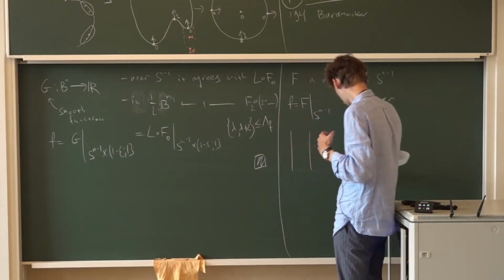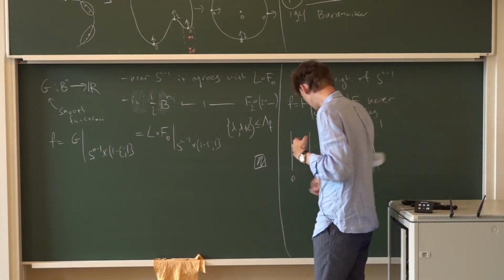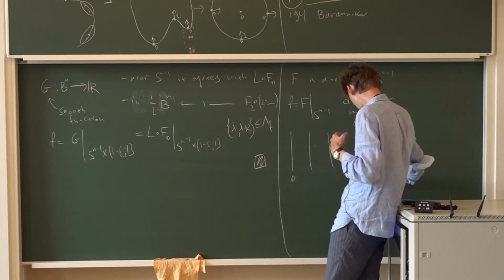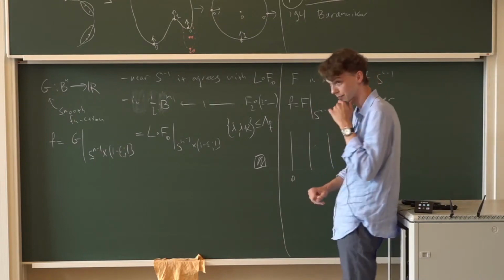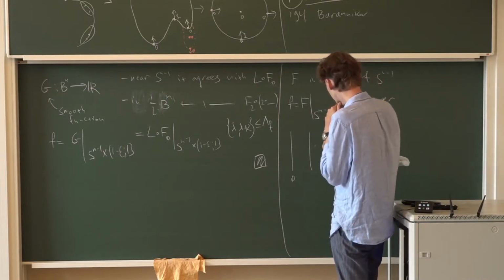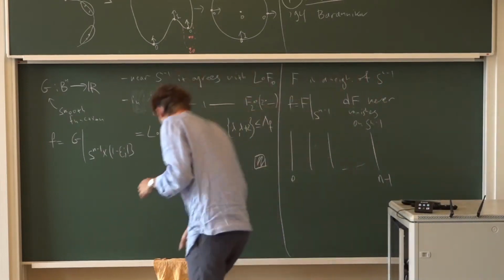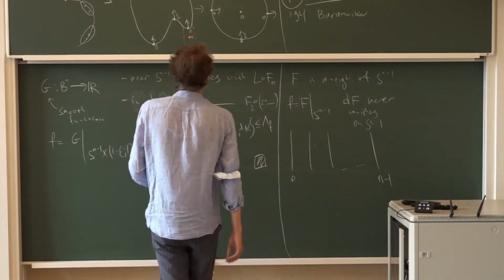First, you draw a number of lines, n plus 1 of them. Then for each critical point, I should probably go to some other blackboard.